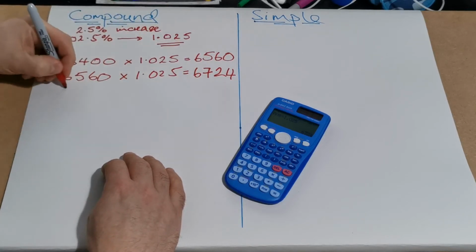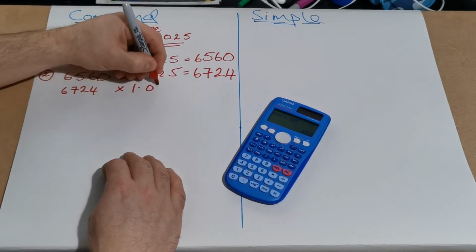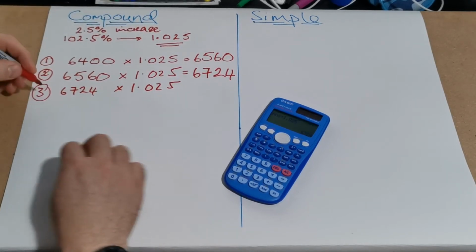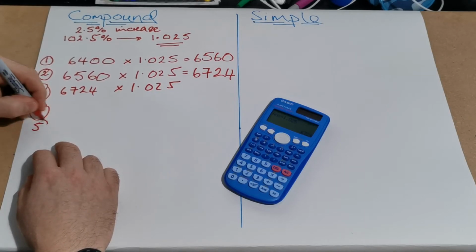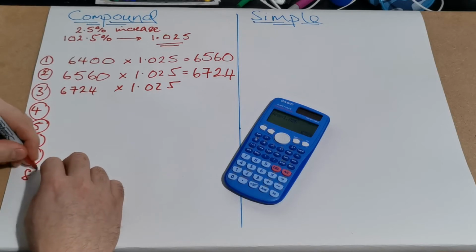So I'm going to do the 6,724 times 1.025 for 3 years, and then I'll get the answer to that and times again for 4 years, 5 years, 6 years, 7 years, and 8 years.